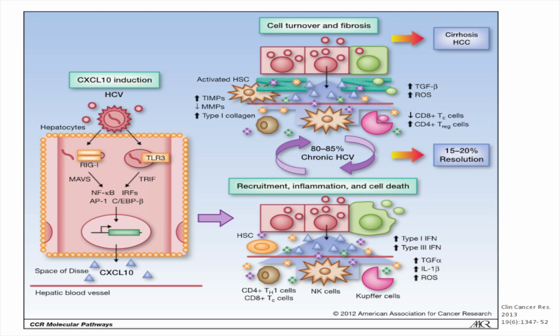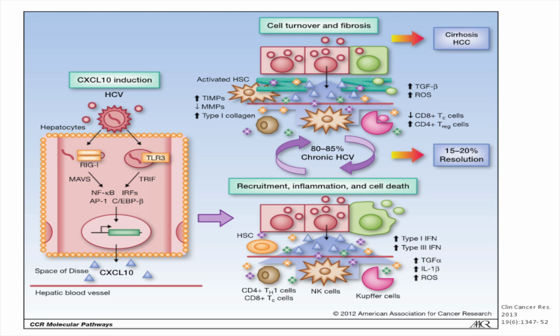And then there are other things that happen, deposition of collagen, as we heard about in one of the talks today, as well as changes in hepatic stellate cells. They become activated, they proliferate, and this leads to the liver disease that we see histologically. It includes fibrosis, cirrhosis, and hepatocellular carcinoma.